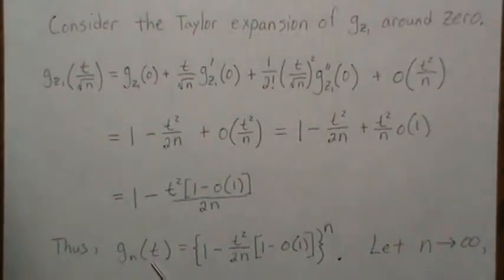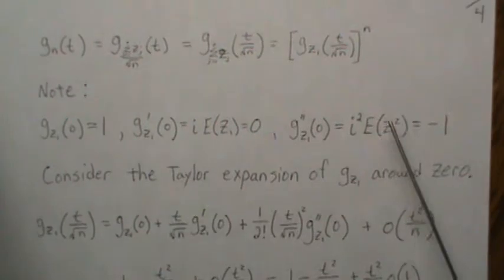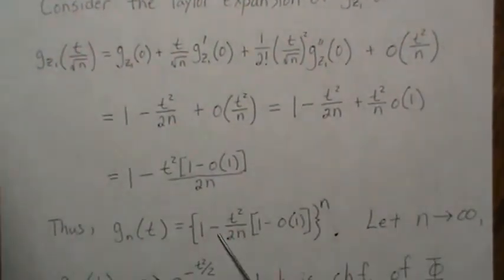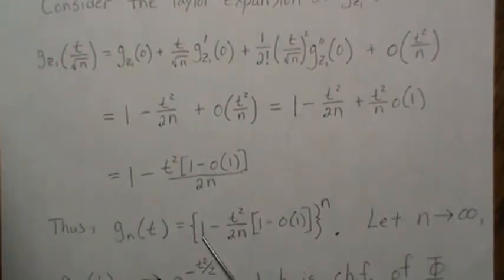Now if we put it back into our original moment generating function, which is raised to the nth power up here, then this looks like the e function.